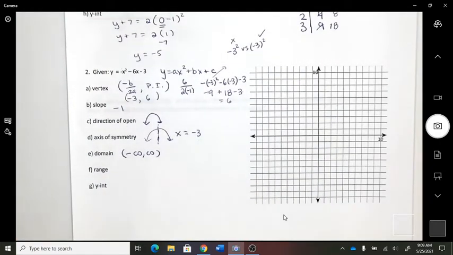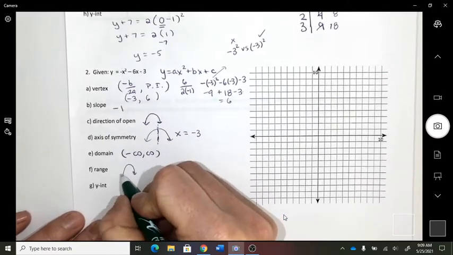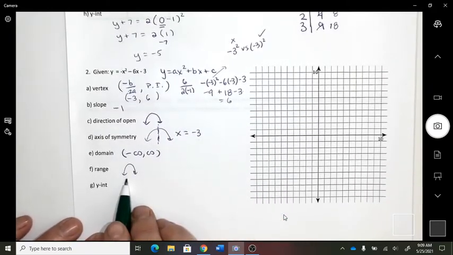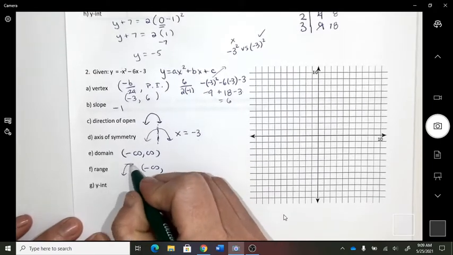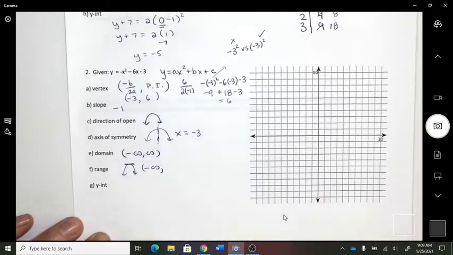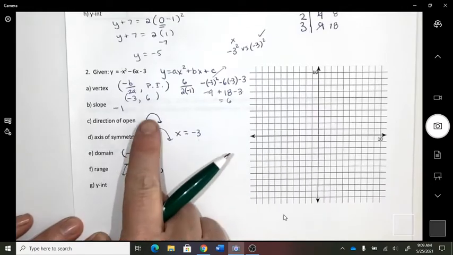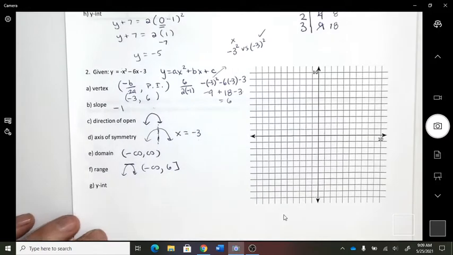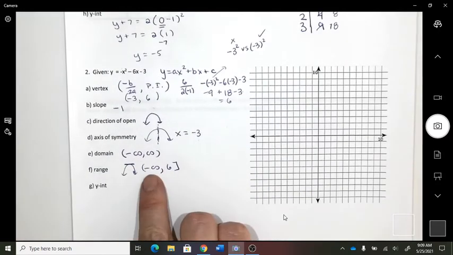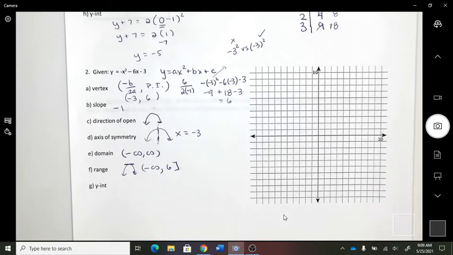And the range, so this time the lowest is negative infinity to the highest height of, what's our height here? 6. Do you notice how I'm using round brackets sometimes and square brackets sometimes, right? Round is an approximate, square is an exact.